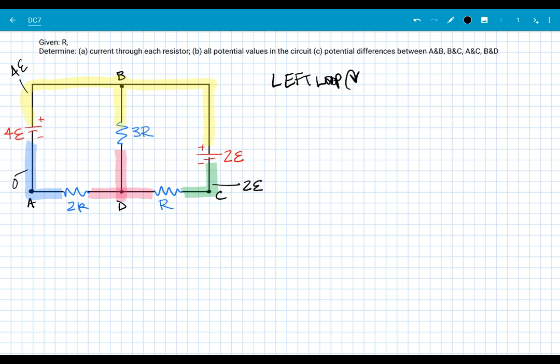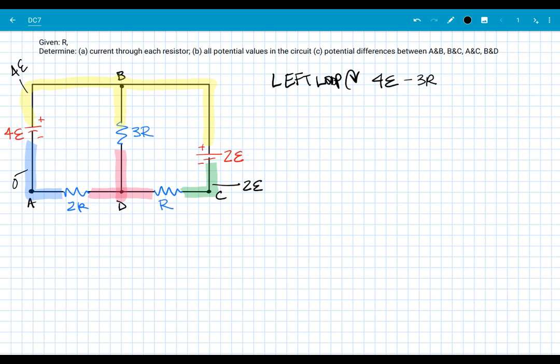So the first thing I hit is that battery, and I hit it from low to high. So that's going to be a positive 4E. Again, I'm doing the left loop clockwise starting at point A. So I step up through the battery, and then I step down through my 3R resistor. And now I realize, oh, I don't have my currents in, so I can't actually use Kirchhoff.